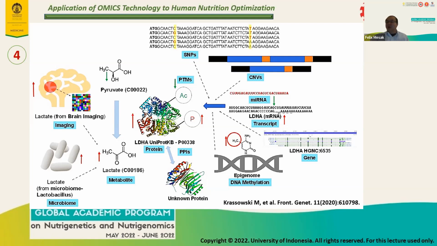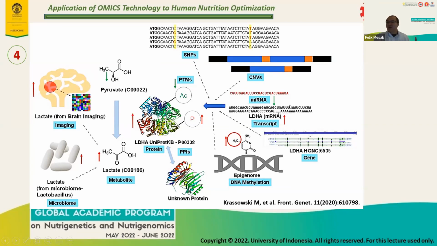Lactate biosynthesis regulation can be due to various levels of genetics. So here are the genetic levels. For example, SNPs, single nucleotide polymorphisms, or copy number variants, and so on.